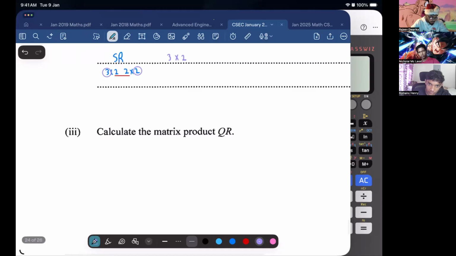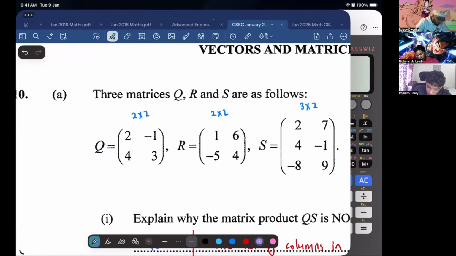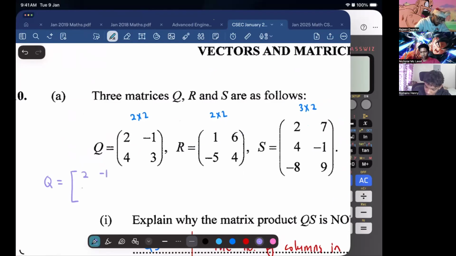And in part 3, they want us to find the matrix product QR. So let me write down Q. Q is equal to 2, -1, -1, 4, 3 and R is equal to 1, 6, -5, 4.